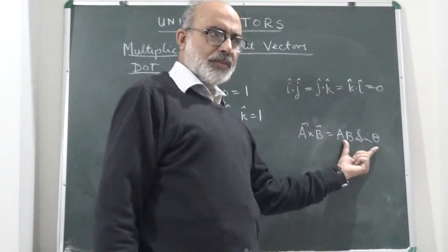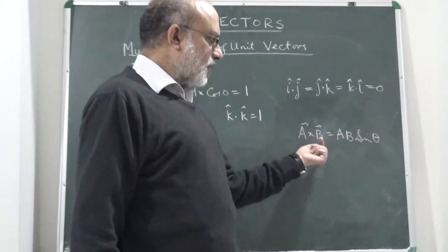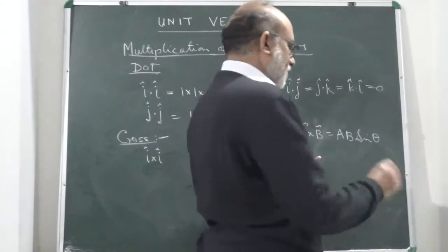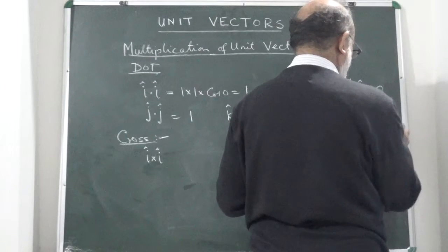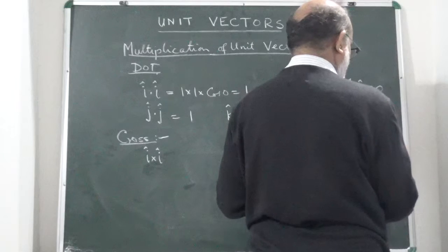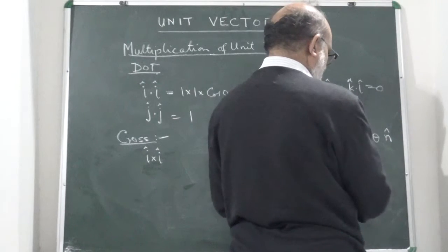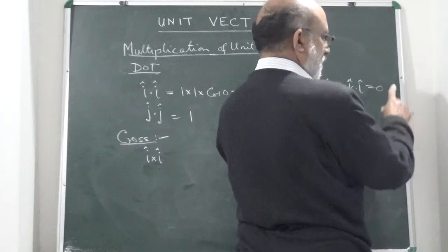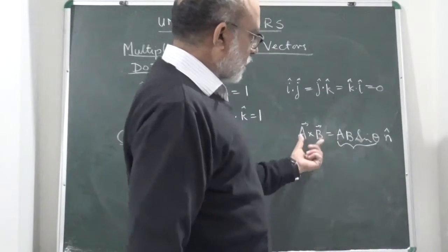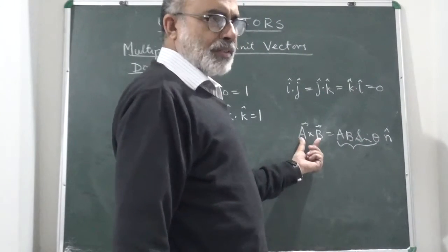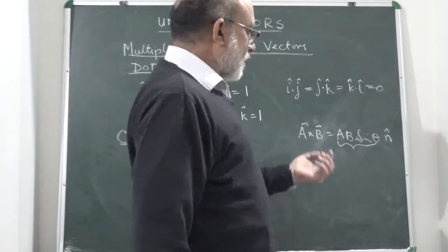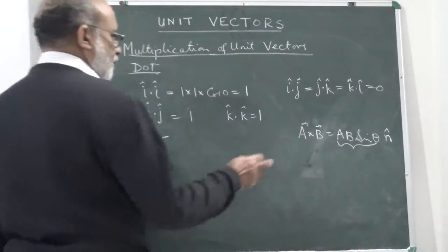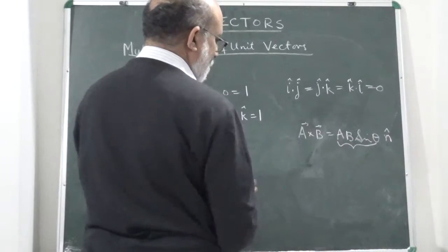This is the magnitude of the vector, and the cross product results in a vector. So suppose this is a vector in the direction n, a unit vector. This has the magnitude, and the direction is perpendicular to the plane formed by the vectors A and B. So it follows the right hand rule.